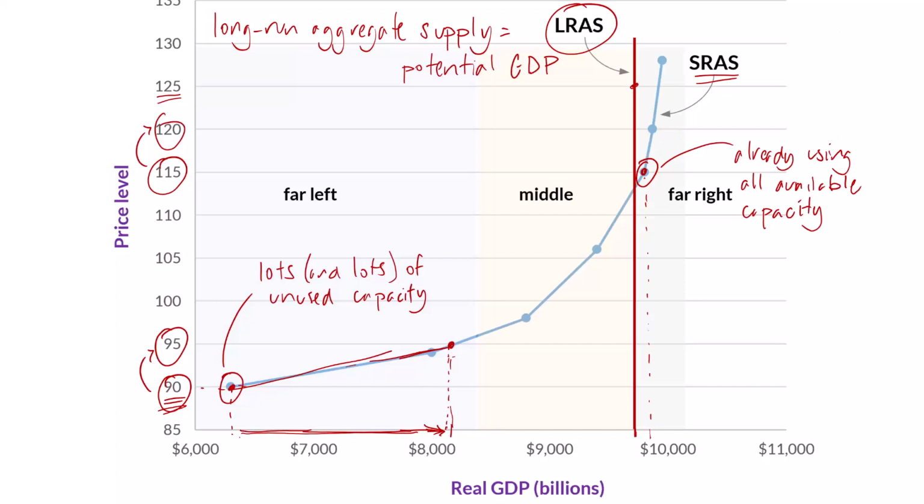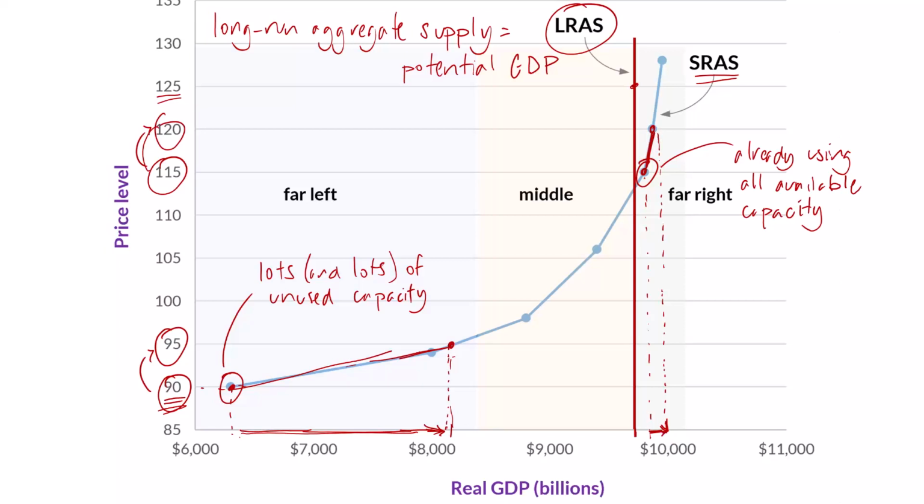Now there just isn't going to be that much ability for output, that is GDP, to increase. There's just nowhere for it to go, so to speak. It will increase by a little bit, but not by much. Okay, so that's why we have this steep slope here. An increase over here, 5 points, is only going to cause this tiny little increase in output. And so we have a steep slope for our curve.